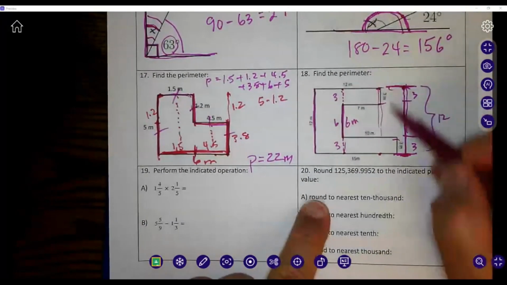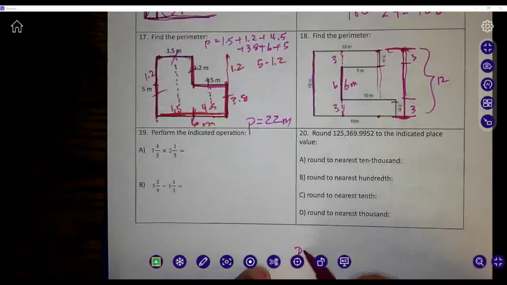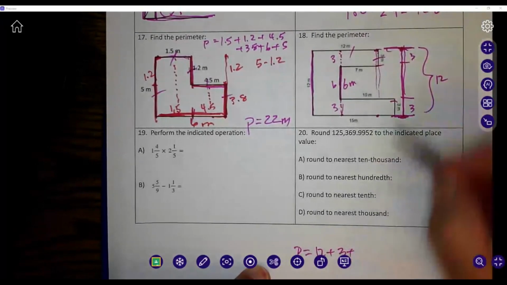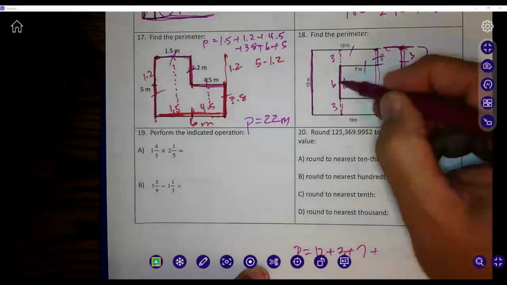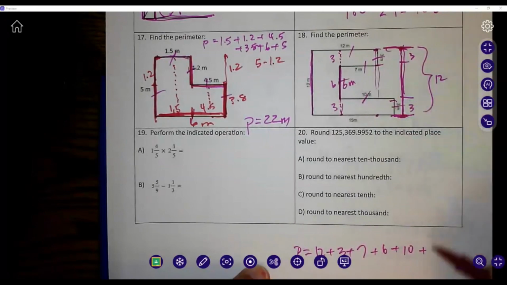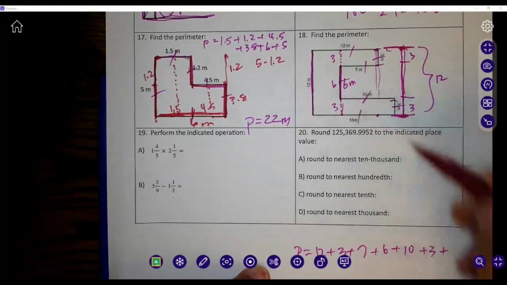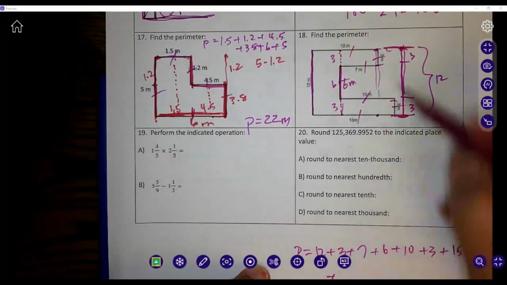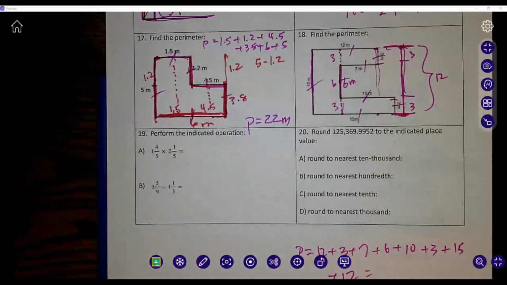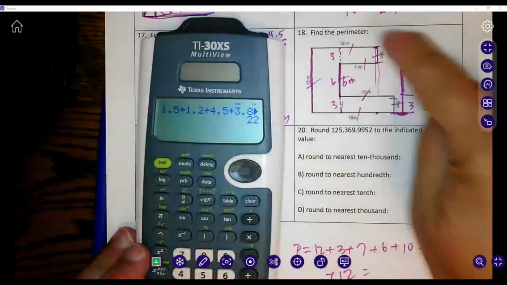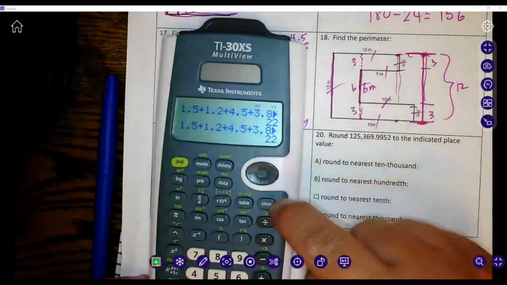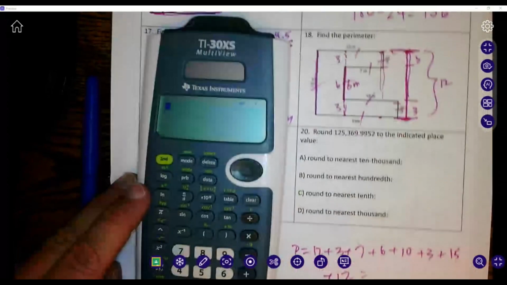Now we know all the sides, so our perimeter is 12 plus 3 plus 7 plus 6 plus 10 plus 3 plus 15 plus 12, and we've gone all the way around. So marking off those sides helps you make sure you get all of the sides listed.